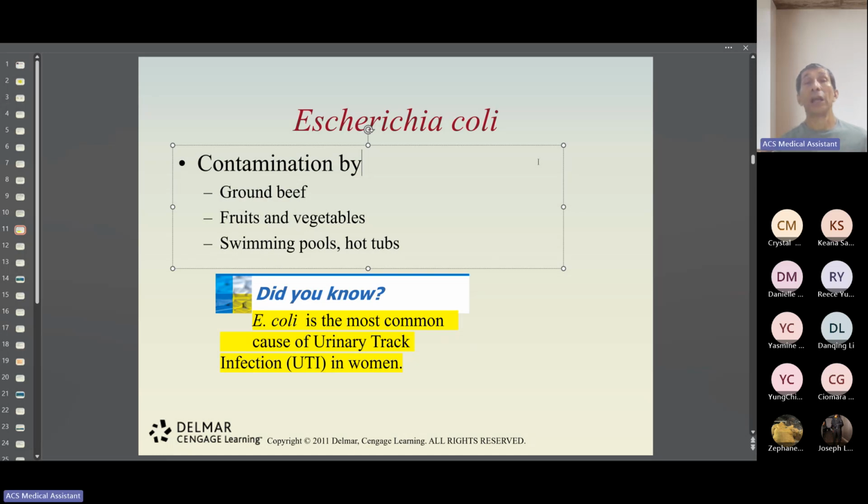Remember, E. coli lives in your digestive tract, particularly the large intestine. So when you defecate, E. coli is dragged alongside with the stools. And when you clean up, if you don't wipe from front to back, then you're going to contaminate yourself and develop a urinary tract infection.